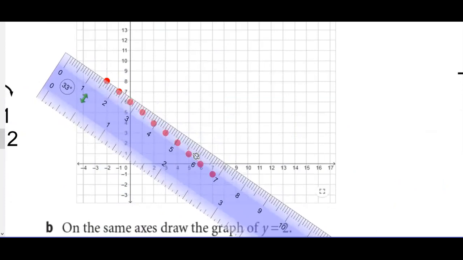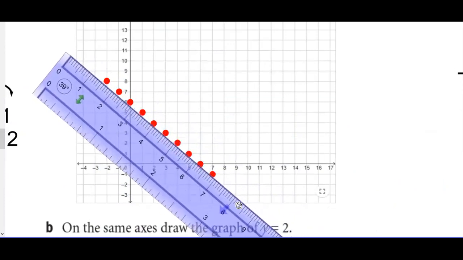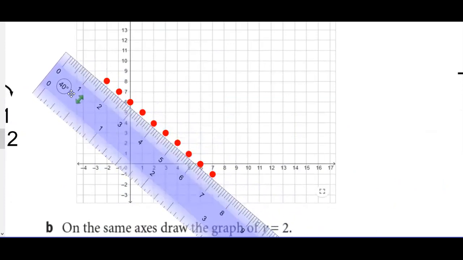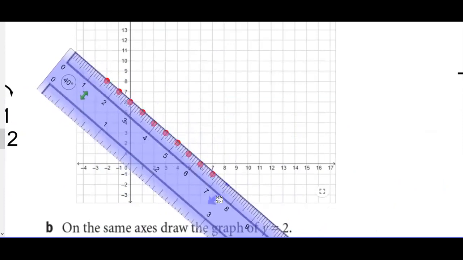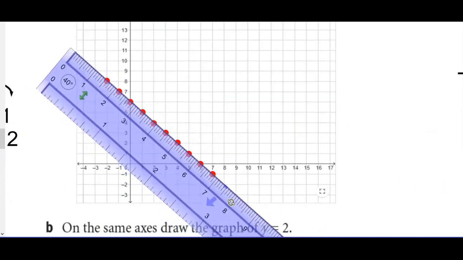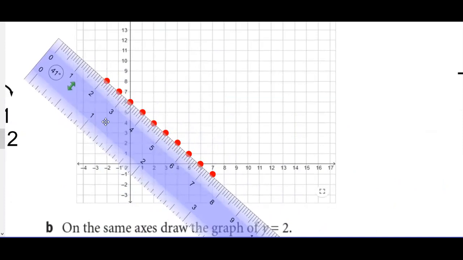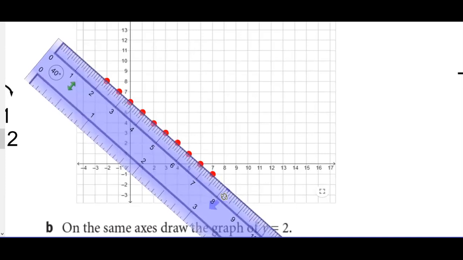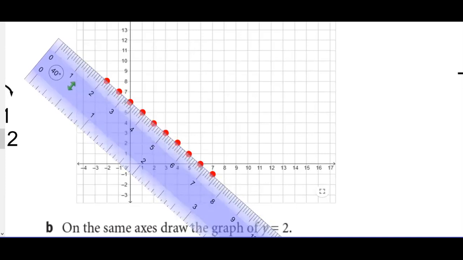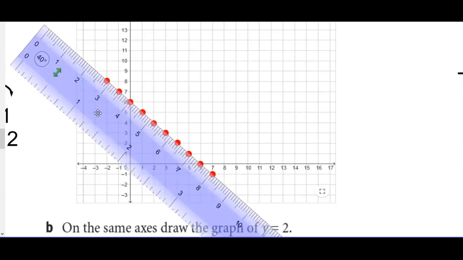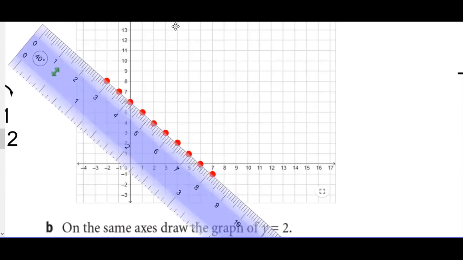So there we go. Adjust your ruler so that it remains on the points. Adjust your ruler until you get a wonderful straight line. Okay, so you see that? This is my ruler, put on my points so that I can get a straight line, and that straight line is the one which we call a graph. Okay, so take your pencil, and then connect those points. Can you see me there?